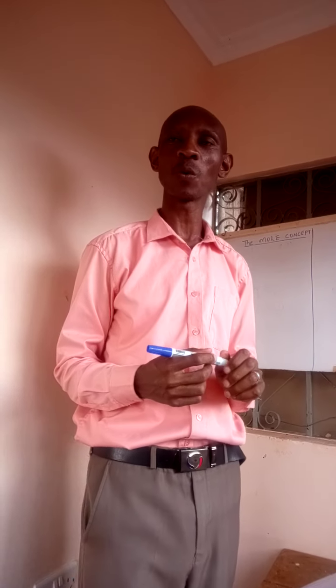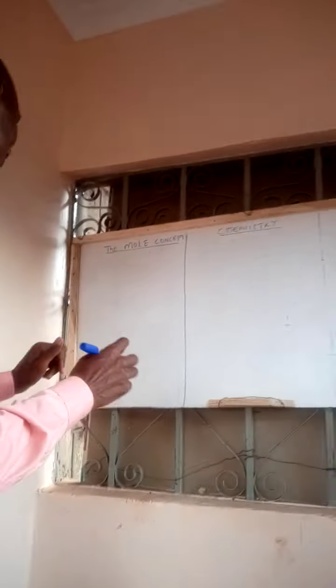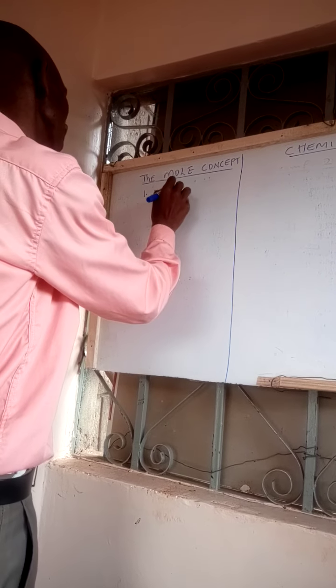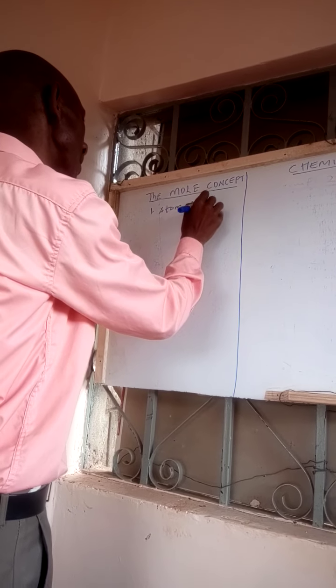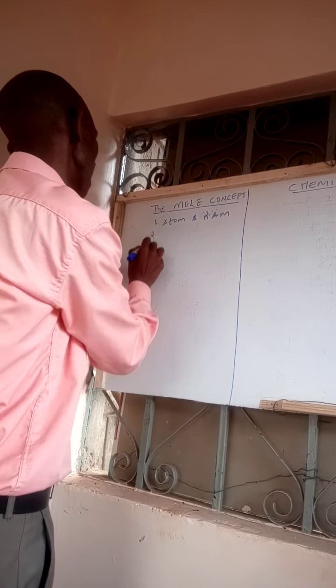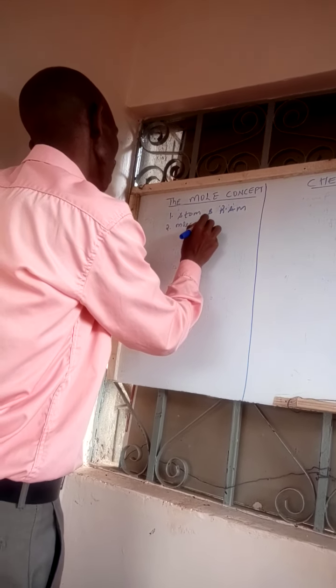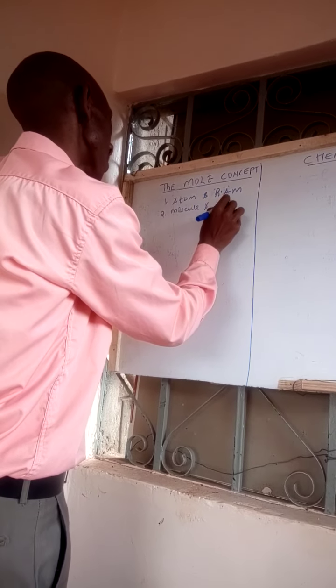In today's lesson, we are going to look at the mole concept. Terms used in this topic: the first one is atom and RAM. The second one is molecule and RMM.